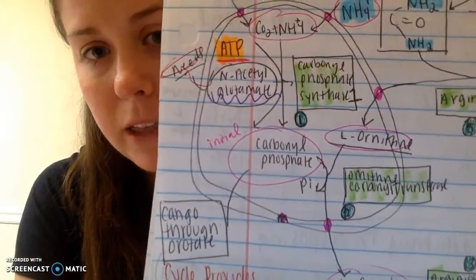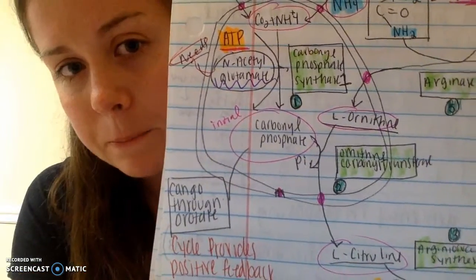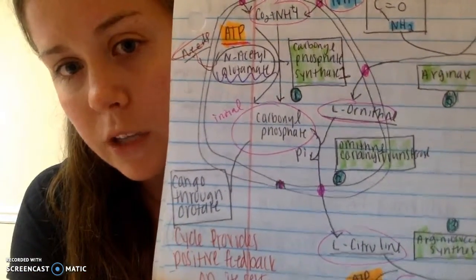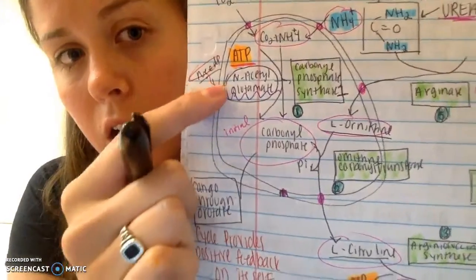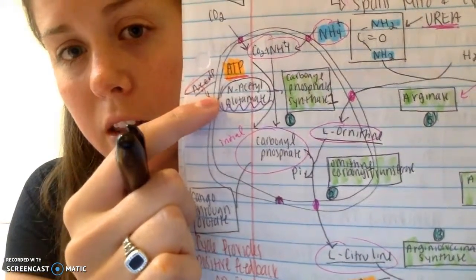Excuse my poor drawings, but if we look here, we're in the mitochondria, and I'm going to be using abbreviations for carbamoyl phosphate synthetase 1.